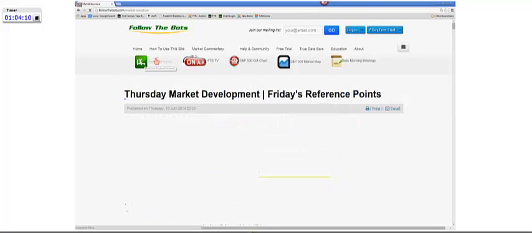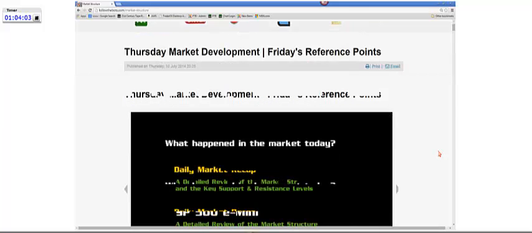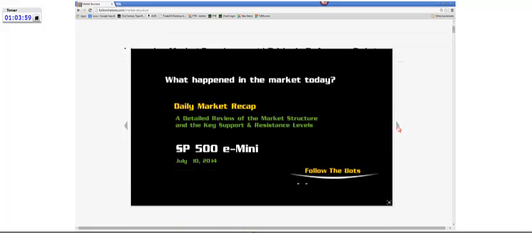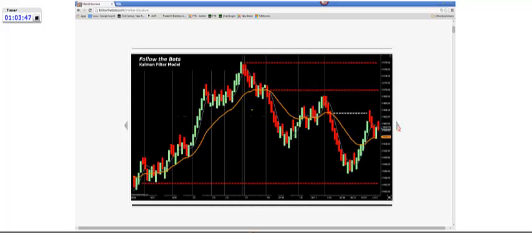If you click on this link, it'll bring up the daily market structure, which includes a variety of slides about what happened in the S&P E-mini futures contract primarily. If you launch the slides here, you'll see that we have various models of market development.